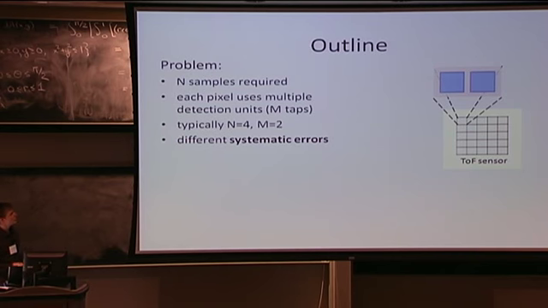This slide gives a very short outline of this talk. I will go into details for each of these points. As I mentioned, multiple samples are required to generate the depth map, and sensors have been realized which perform multiple of these measurements in parallel.